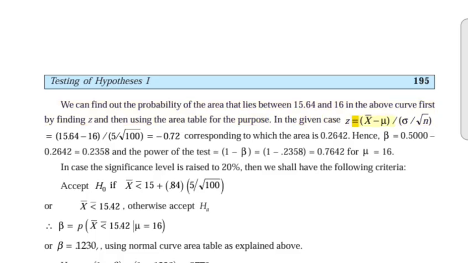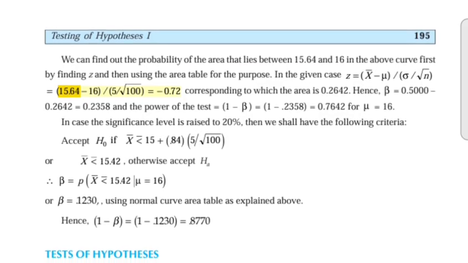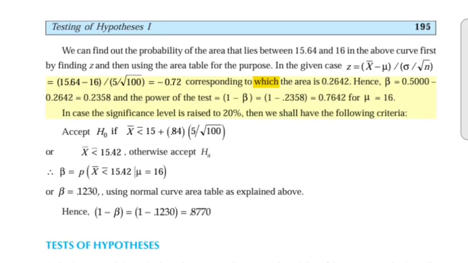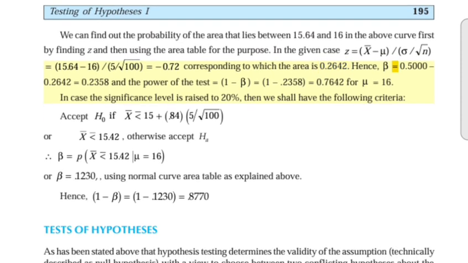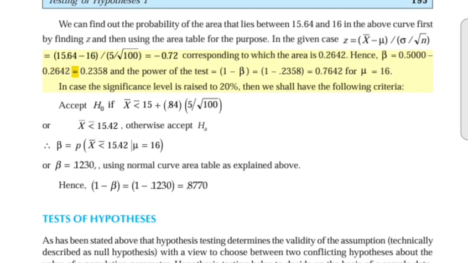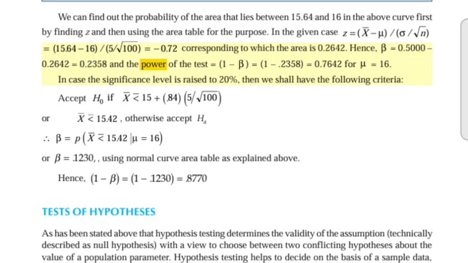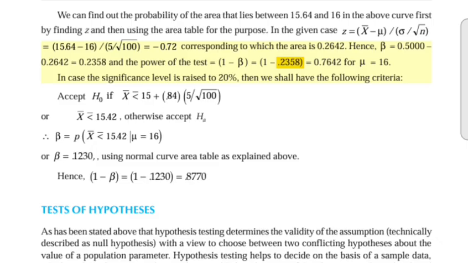In the given case, Z = (15.64 - 16)/(5/sqrt(100)) = -0.72, corresponding to which the area is 0.2642. Hence, beta = 0.5000 - 0.2642 = 0.2358, and the power of the test equals 1 - beta = 1 - 0.2358 = 0.7642 for mu equals 16.